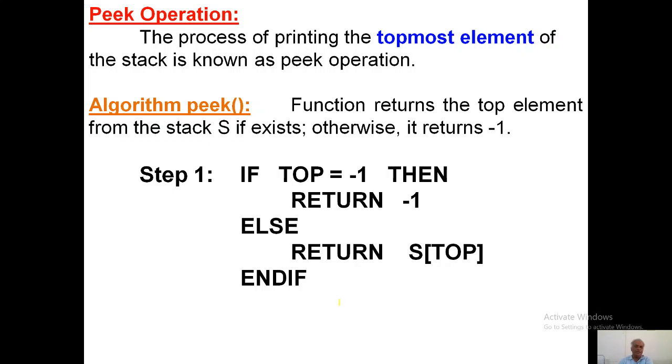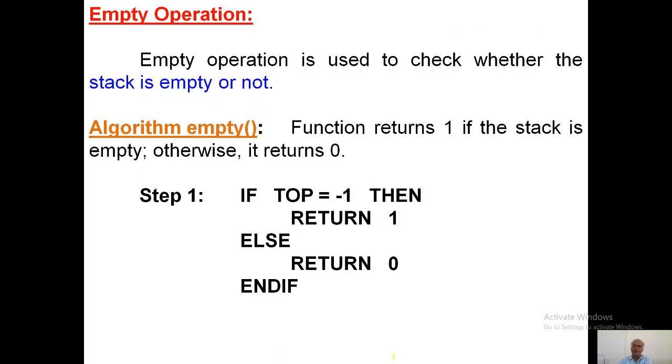It is always the top position element, whether it is n-1 or n-2, whatever. Wherever S of top is indicating, that element can be printed using peek. Let us look at this algorithm. If top equal to -1, then return -1, because top equal to -1 means no elements in the stack. Otherwise return S of top. That is the peek operation.